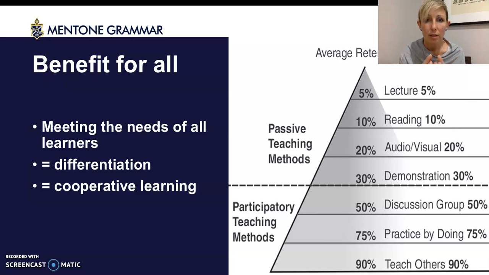So there's some real science behind why collaborative activities work more effectively in building understanding and learning for the students. So it's a good idea to start with that if your students aren't used to doing collaborative activities in your class.